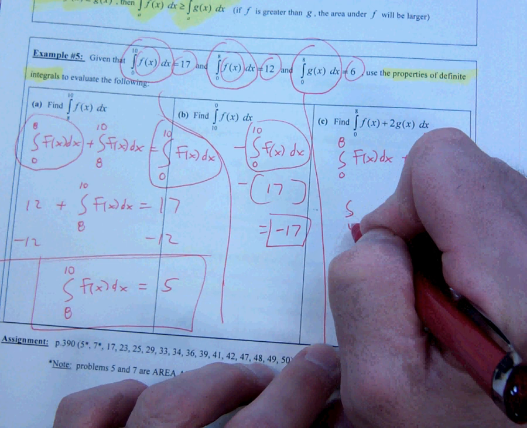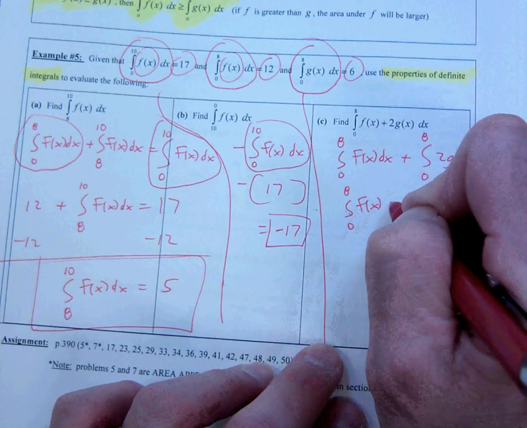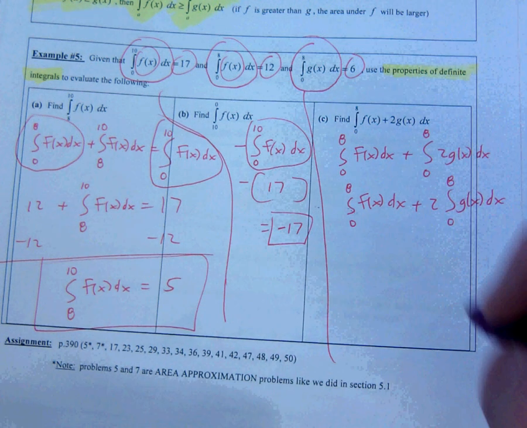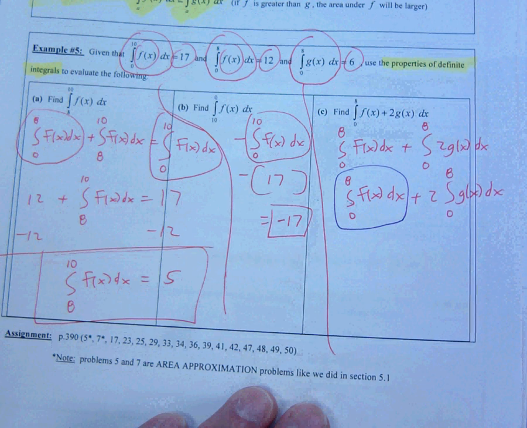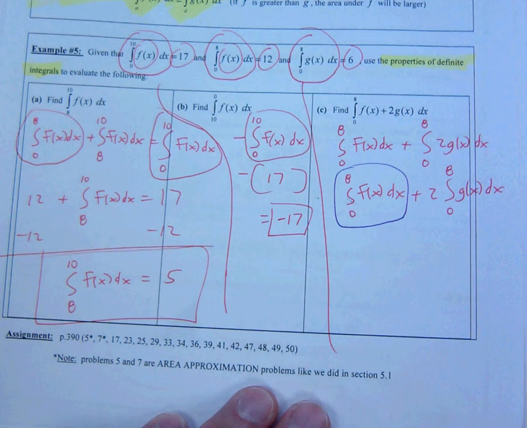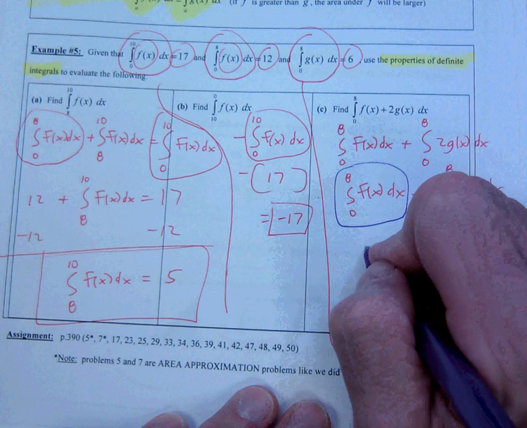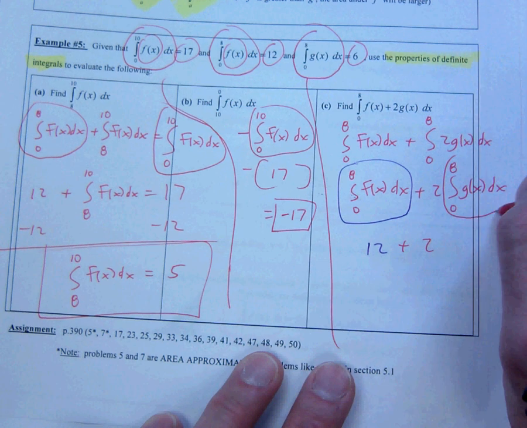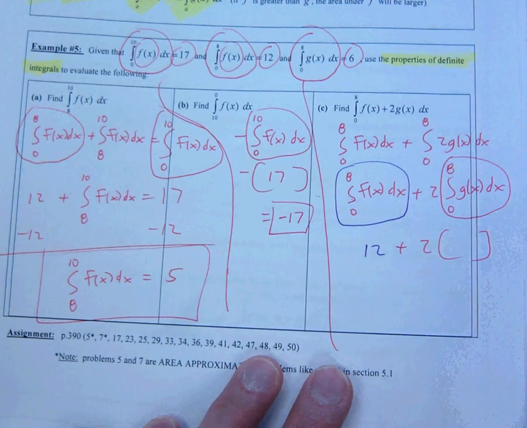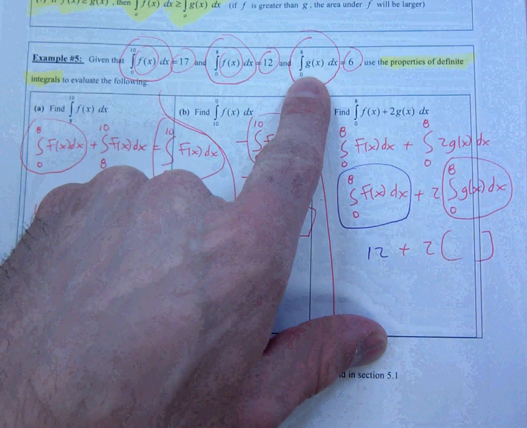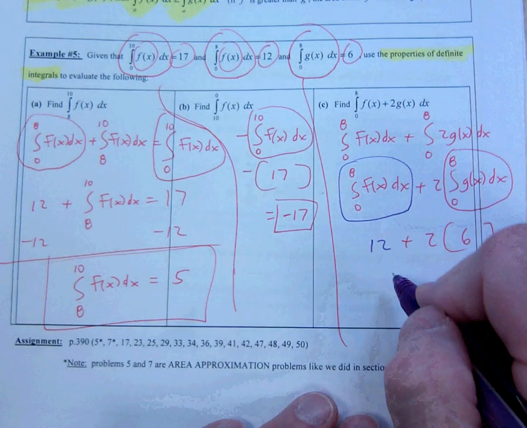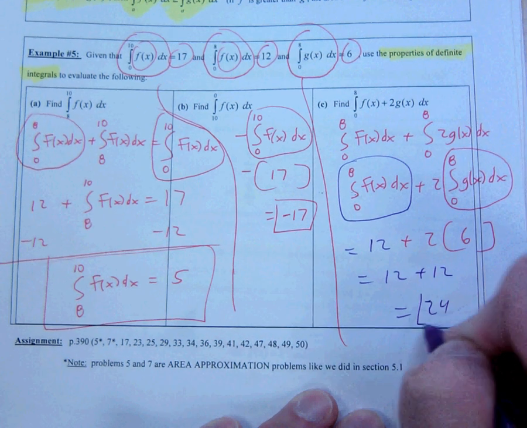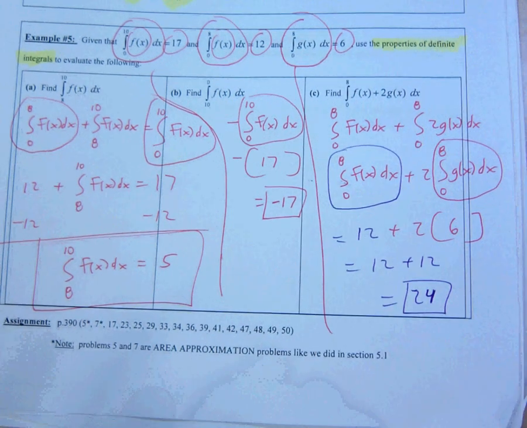All right, so that's as far as I can go using my properties, right? Now, do I know this? Yeah, that was given to be 12. And I got 2 times this integral, right? Do I know that integral, guys? Yeah, that was given. What's the integral of g from 0 to 8? 6. So what do you get here, guys? 4. We good?